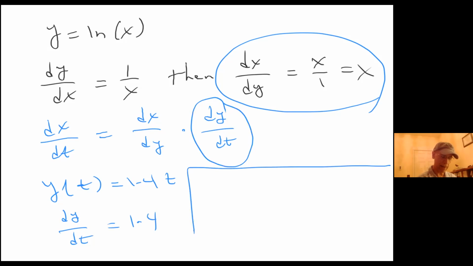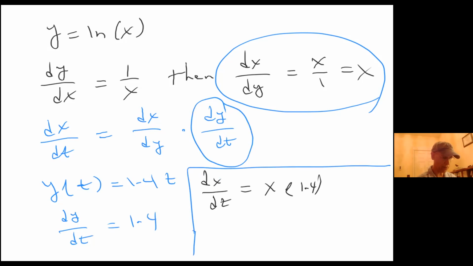So now I have dx dt equals dx dy, which we said is x, times dy dt, which is 1.4.